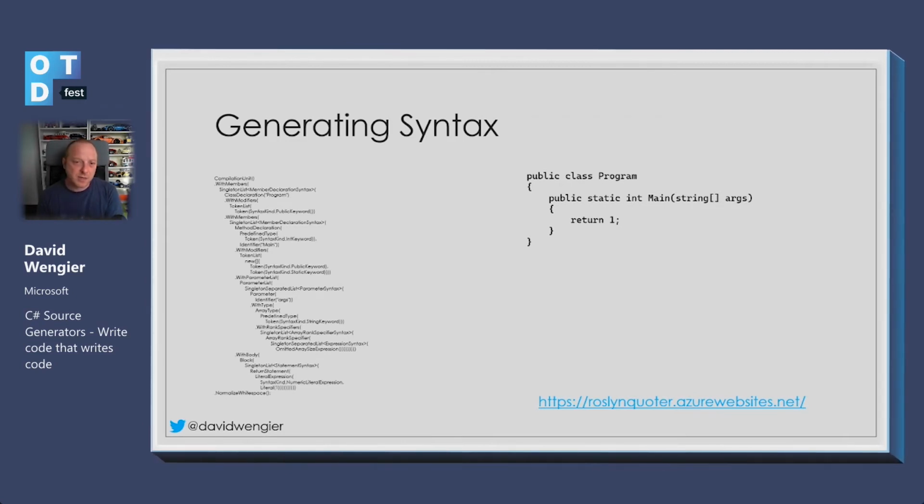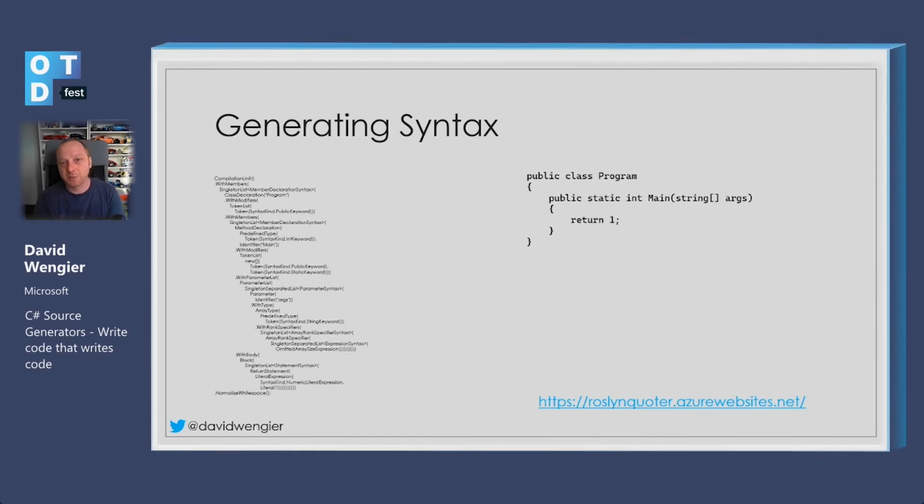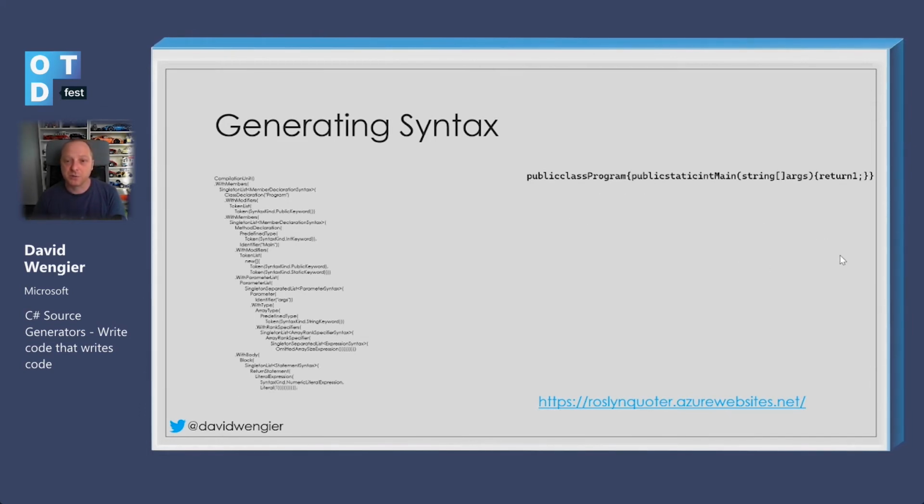The problem with syntax, and why I would personally avoid it and just generate strings, is this. At the end of this little bit of code on the left, I have a call to NormalizeWhitespace, and this code on the left produces this code on the right. If I remove the NormalizeWhitespace call, then this code on the left actually produces this code. That's not valid C#.